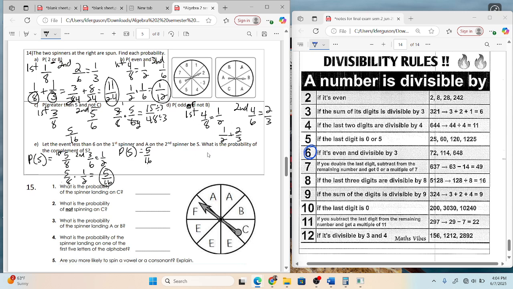Now let's read the rest of the problem. What is the probability of the complement of S? That's why we gave it a label, because we're talking about complement. All right. So we can say, what is not C, or what is not B?